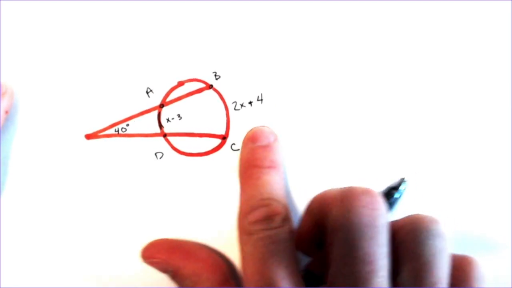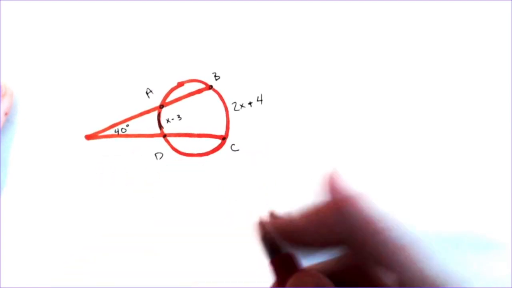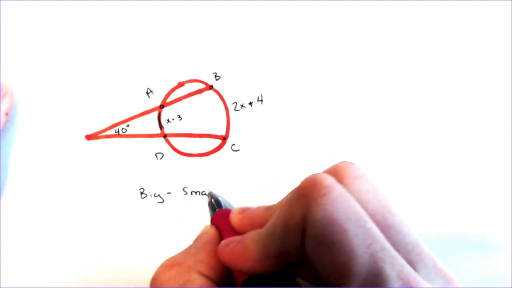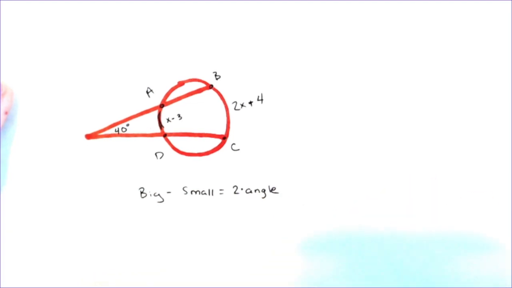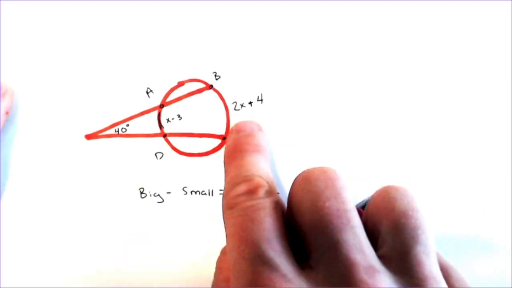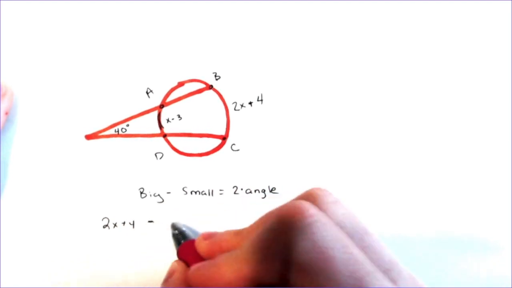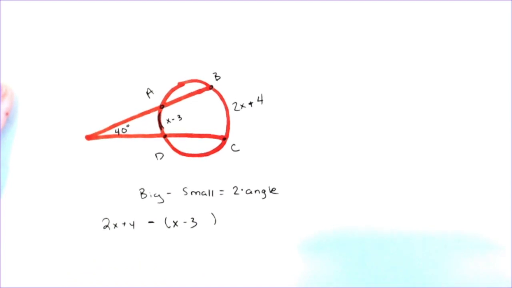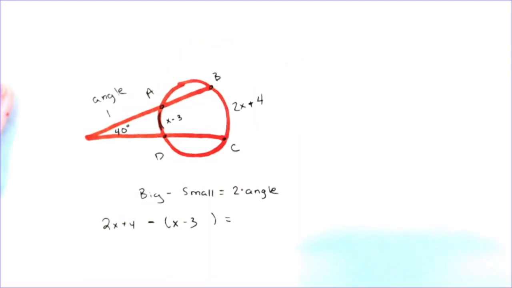So we're given our big arc, we're given our small arc, and we're given the angle, but we need to find x still. So it's going to be the big arc minus the small arc equals 2 times the angle. In this case, the big arc is 2x plus 4, the small arc is the quantity x minus 3, and the angle is 40 degrees.